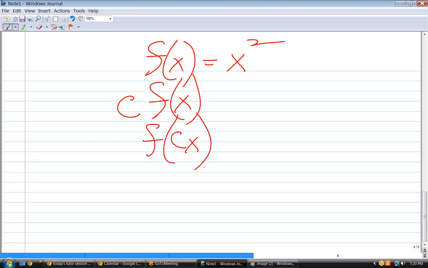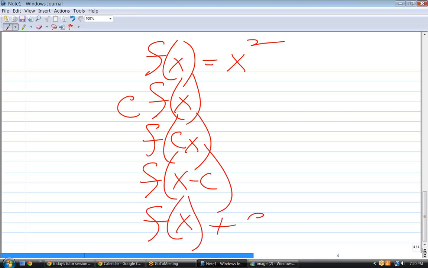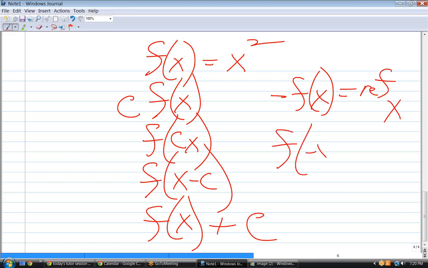That's a horizontal stretch. You can do f of x minus c. That's a horizontal shift. You can do f of x plus c. That's a vertical shift. That's pretty much it. The only other two things you can do is minus f of x, reflect over x, or you can do f of minus x, reflect over y.